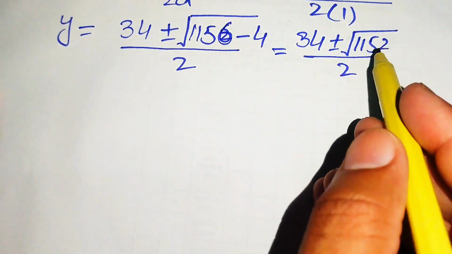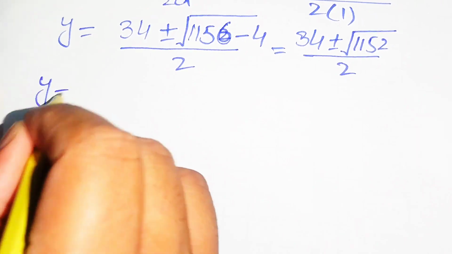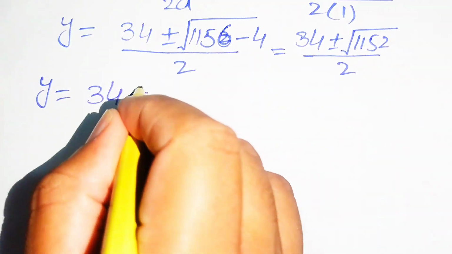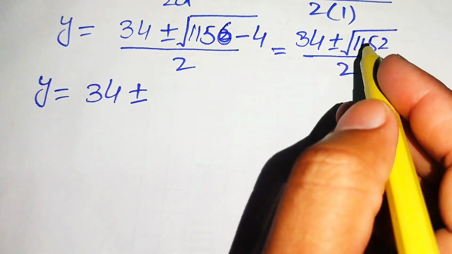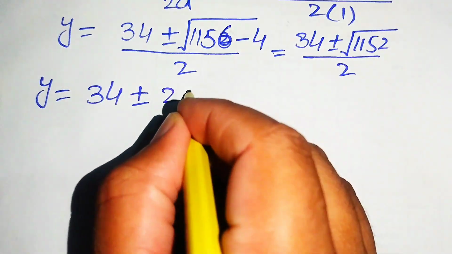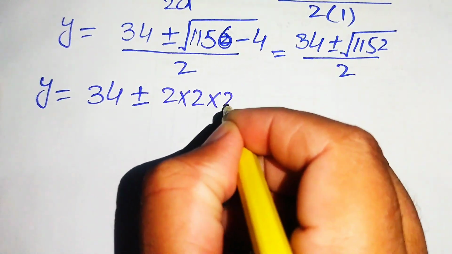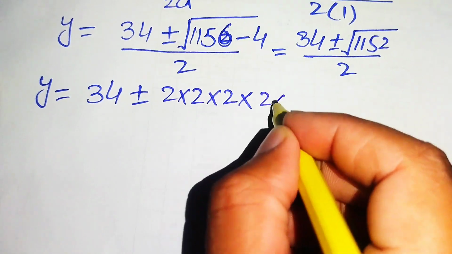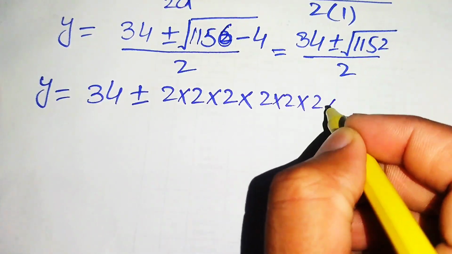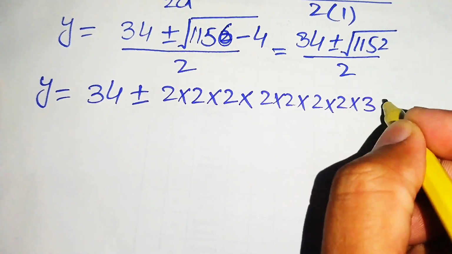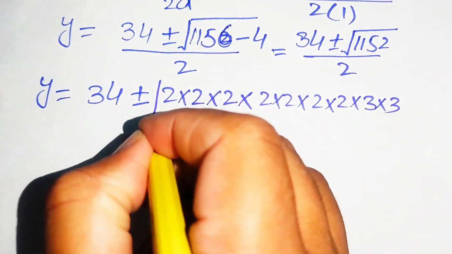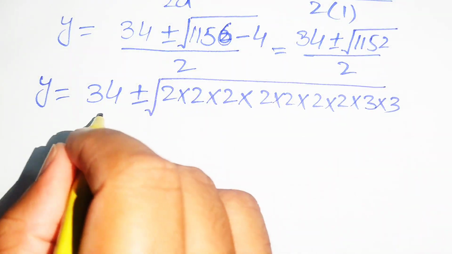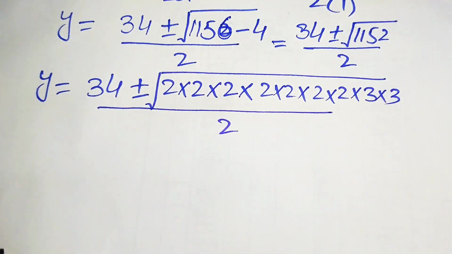The prime factors are 2 multiplied by 2 multiplied by 2 multiplied by 2 multiplied by 2 multiplied by 2 multiplied by 2 multiplied by 3 multiplied by 3, and its whole square root, and this whole divided by 2.